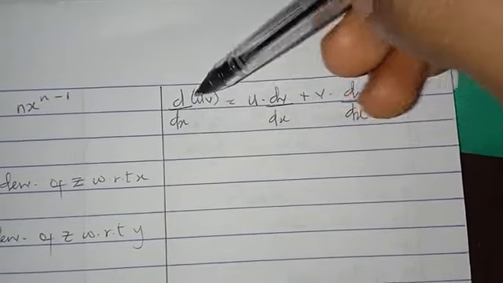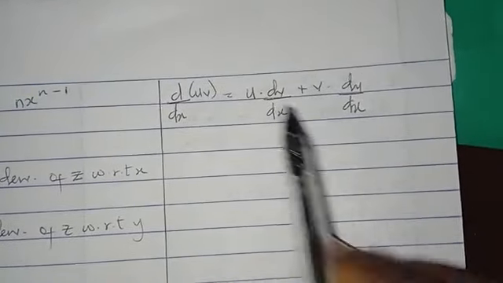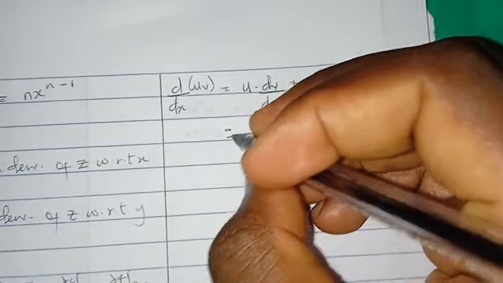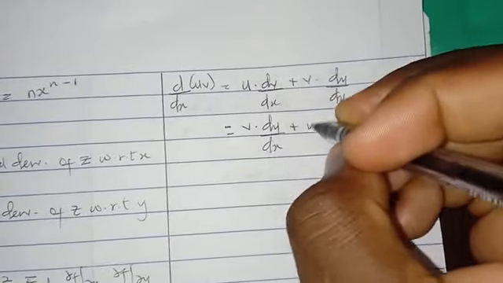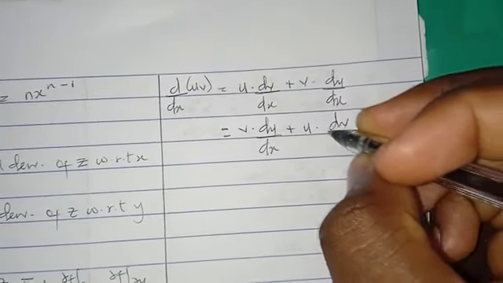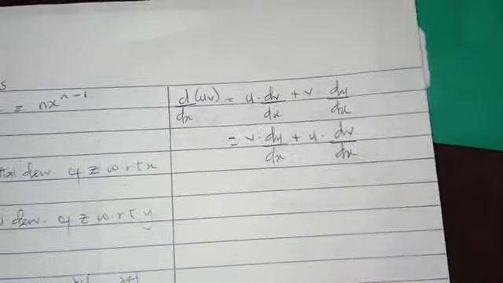Yes, that's it. The differentiation of uv with respect to x is going to be u times dv over dx plus v times du over dx, or the one my teacher taught me, the one I normally use, is v times du over dx plus u times dv over dx.